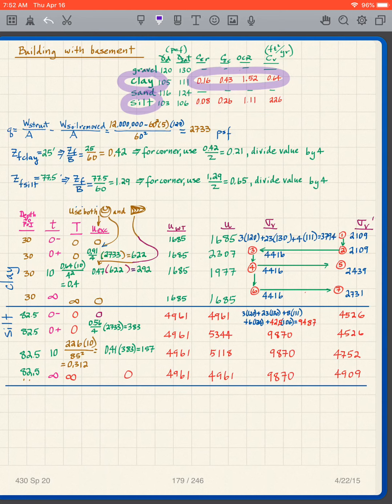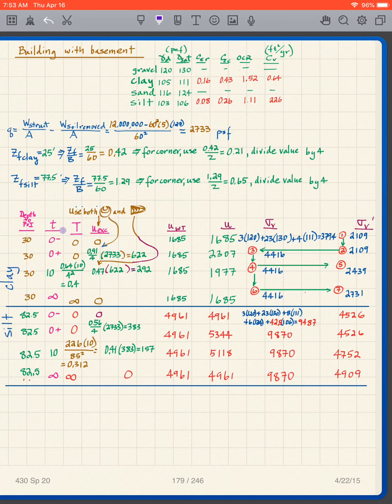But now the problem becomes exactly what we've done before. But I have to create two tables. I have a table for the clay, I have a table for the silt. So we do our usual. We have our depth of the point of interest that we've already calculated. There they are.